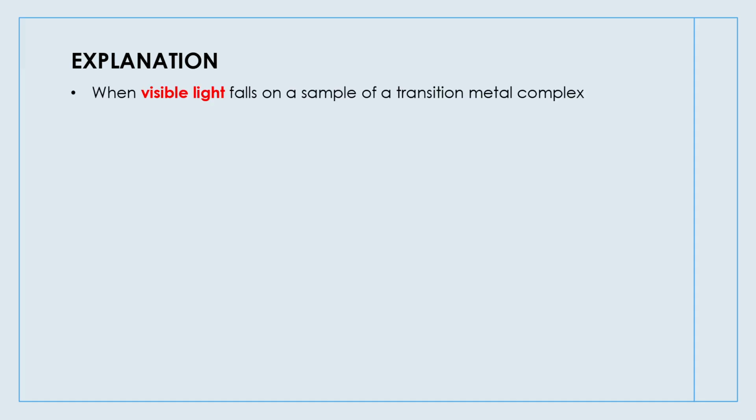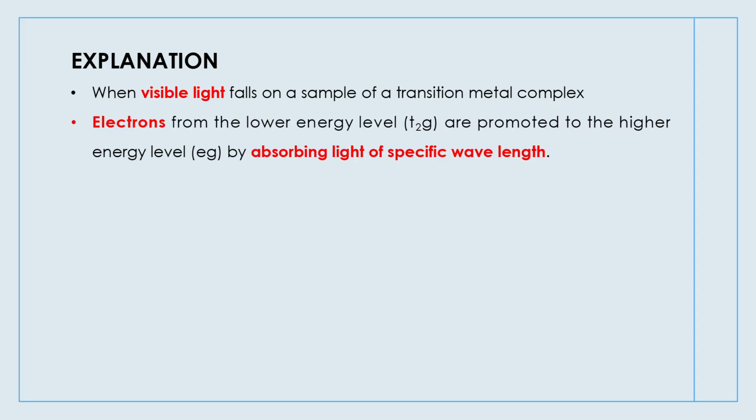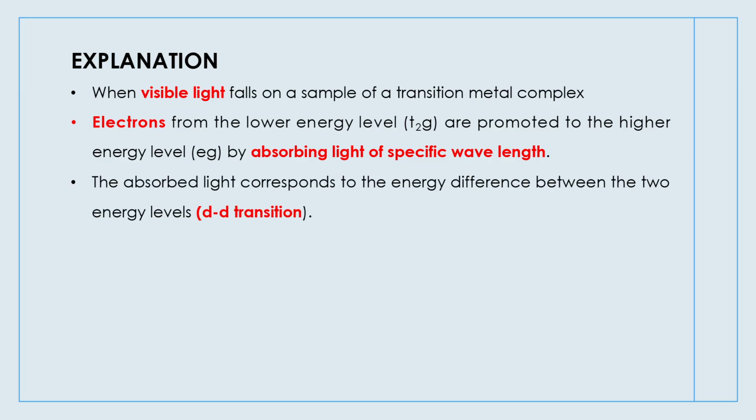Now the explanation of how you can write this in your own words. When the visible light falls on the sample of the transition metal complex, the electrons absorb the light and jump from the lower energy level to the higher energy level. This absorption corresponds to the energy difference for the d to d transition.